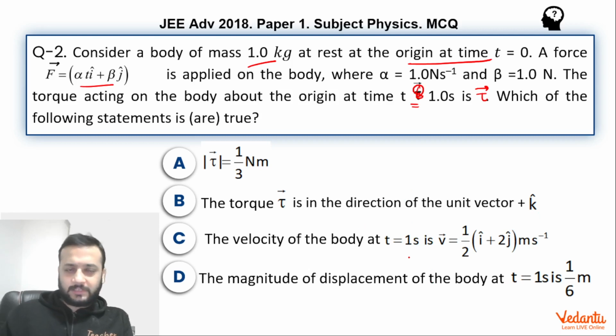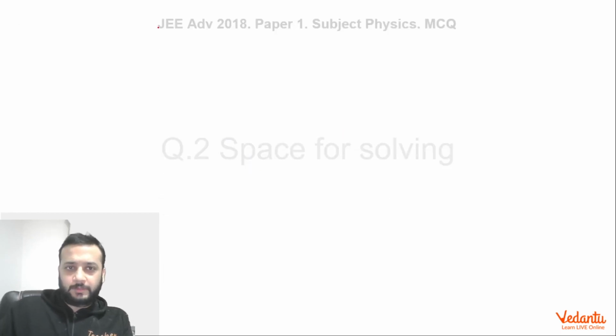So let's do this question very simply. The mass of the body is 1. Using F equals ma, force has been given as alpha t i cap, so alpha is 1, t i cap plus beta is 1, j cap. This will be equal to mass into acceleration, and acceleration we can write as dv by dt.